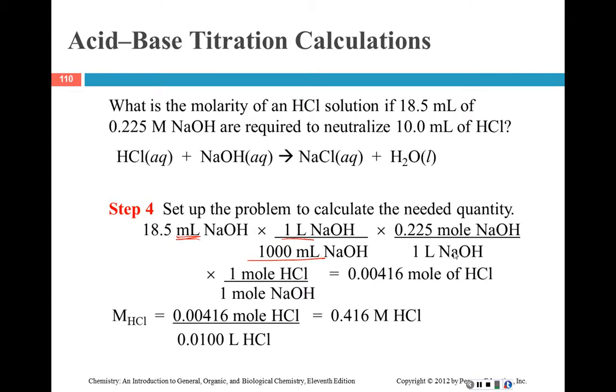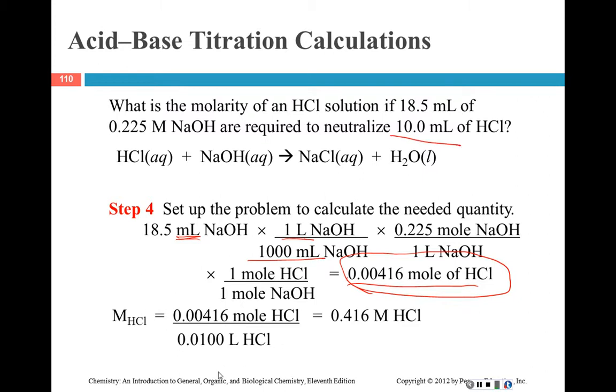If I multiply everything on the top and then divide by everything on the bottom, I get 0.00416 moles of hydrochloric acid. And so to get the molarity of that, I know that this is how many moles of hydrochloric acid I have in 10 milliliters.